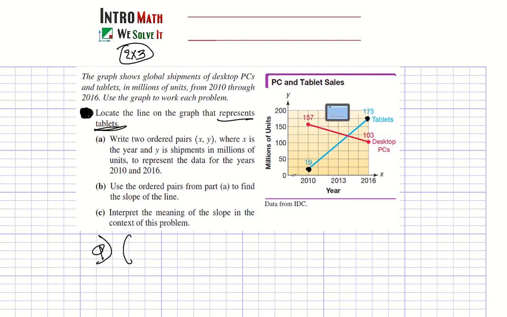Year represents the X axis, so you have to write X first. Say 2010, and the Y there, they give it to you: 19. You write it there, and then another ordered pair: 2016 is the X value. Then what does it correspond to for tablets right here? 175.